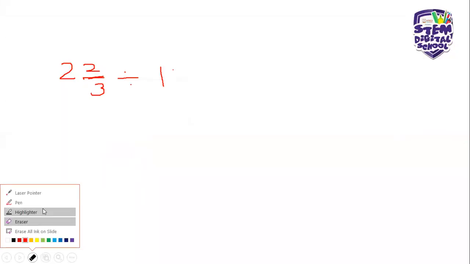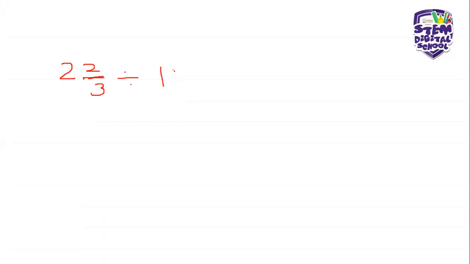Right? I said it was what? 2 over 4. Then I said that I have what? 7 over 3 divided by 6 over 4. I change this into a multiplication.